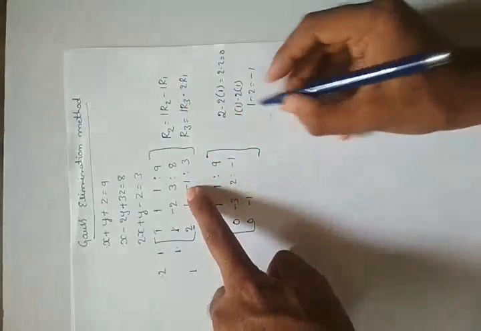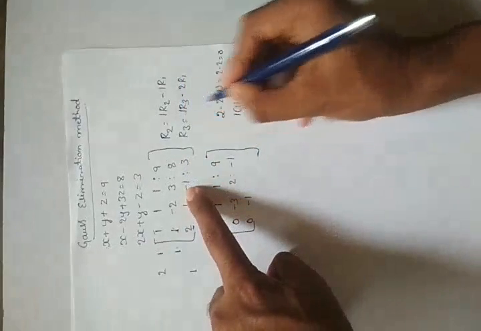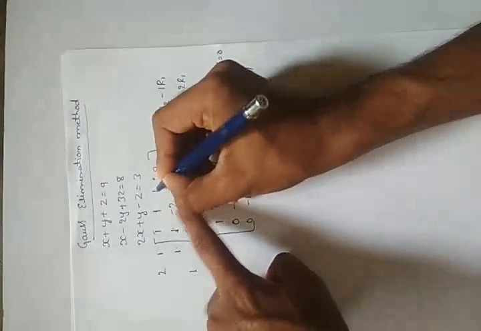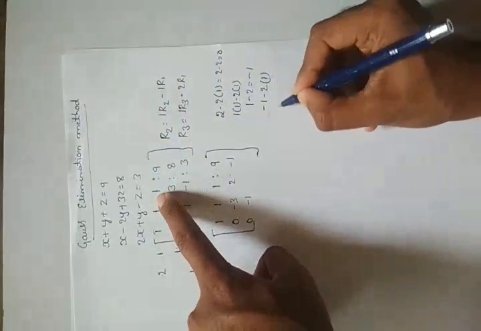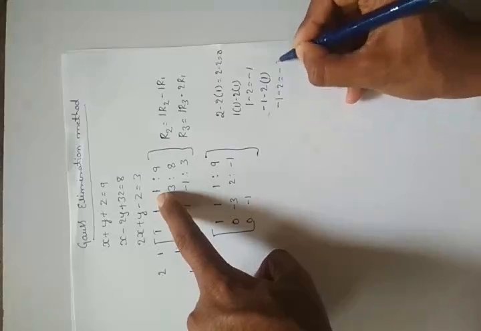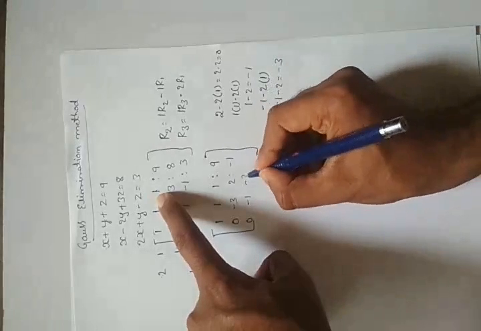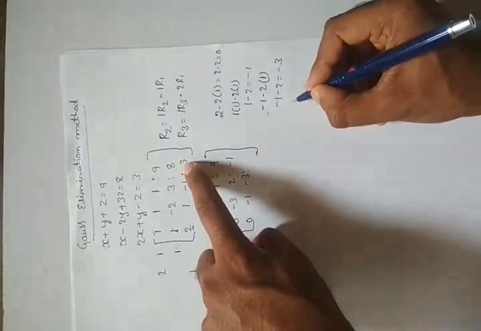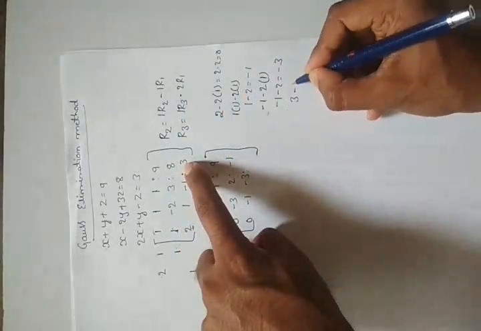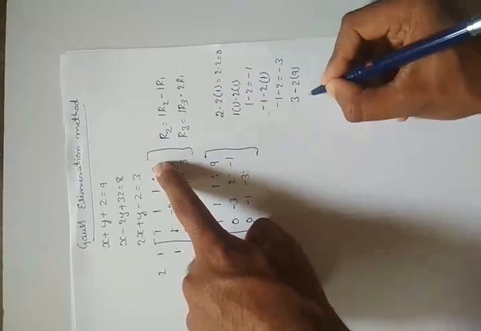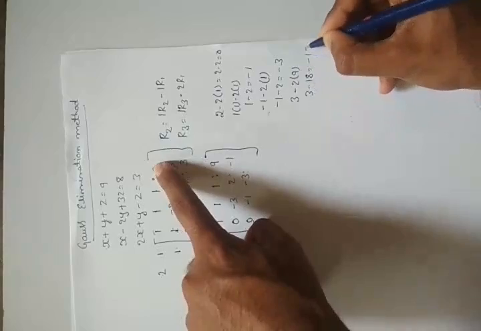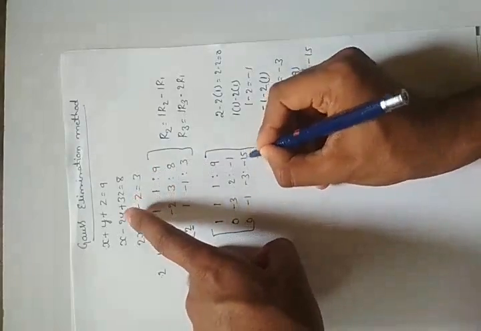For the next R3 value, 1 into minus 1 is minus 1, minus 2 into the R1 value 1: minus 1 minus 2 is minus 3, write minus 3. For the last, 1 into 3 is 3, minus 2 into 9: 2 nines are 18, so 3 minus 18 is minus 15, write minus 15.